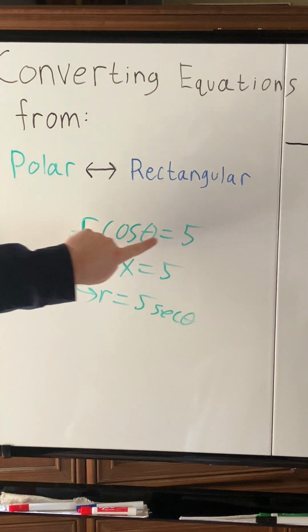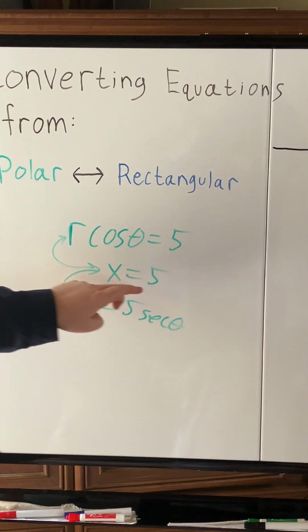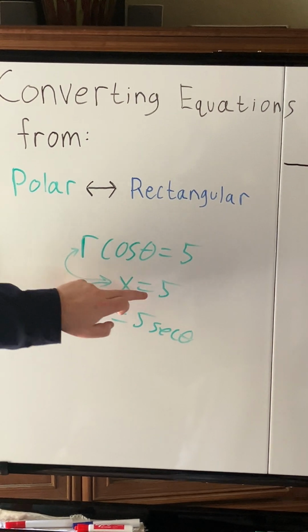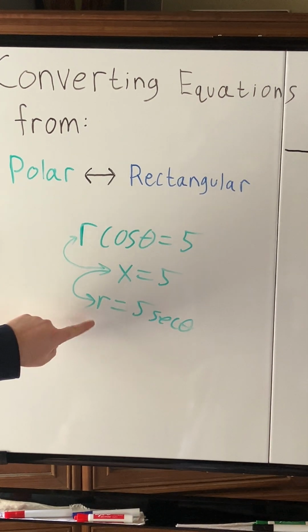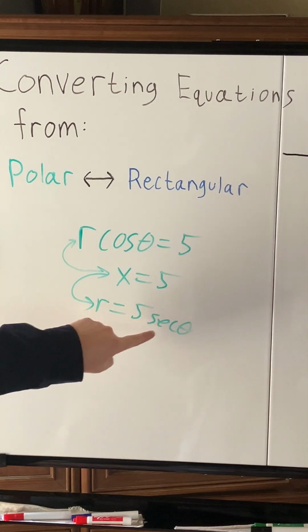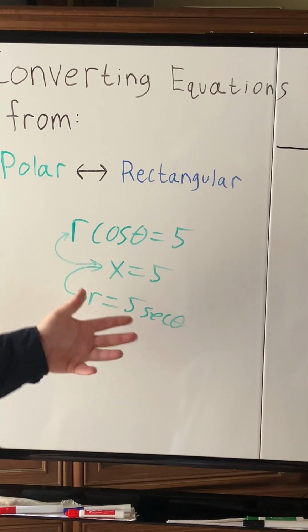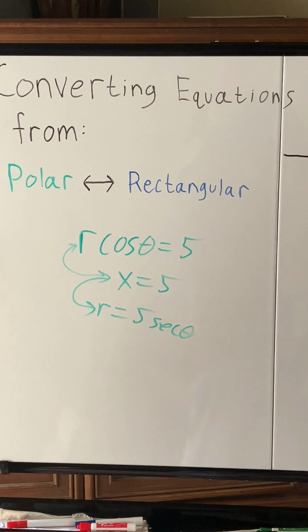If they start you out with this, well, that's rather simple. We know we can just go straight to here. But if they start you with this, we know our goal is going to be doing this. And remember, that's because if we divide by cosine, 5 over cosine theta is the same thing as 5 secant theta because they are reciprocals.